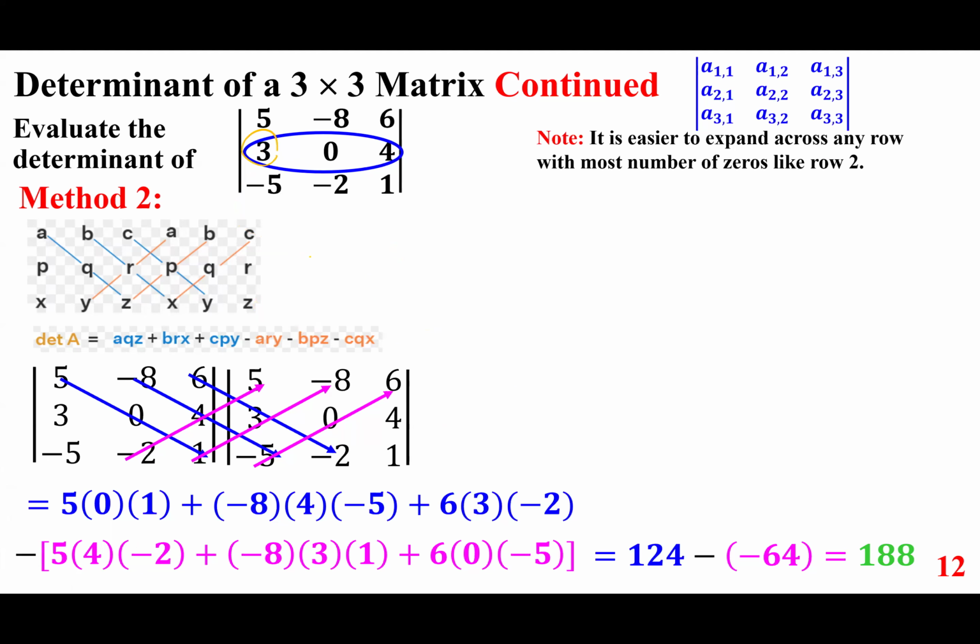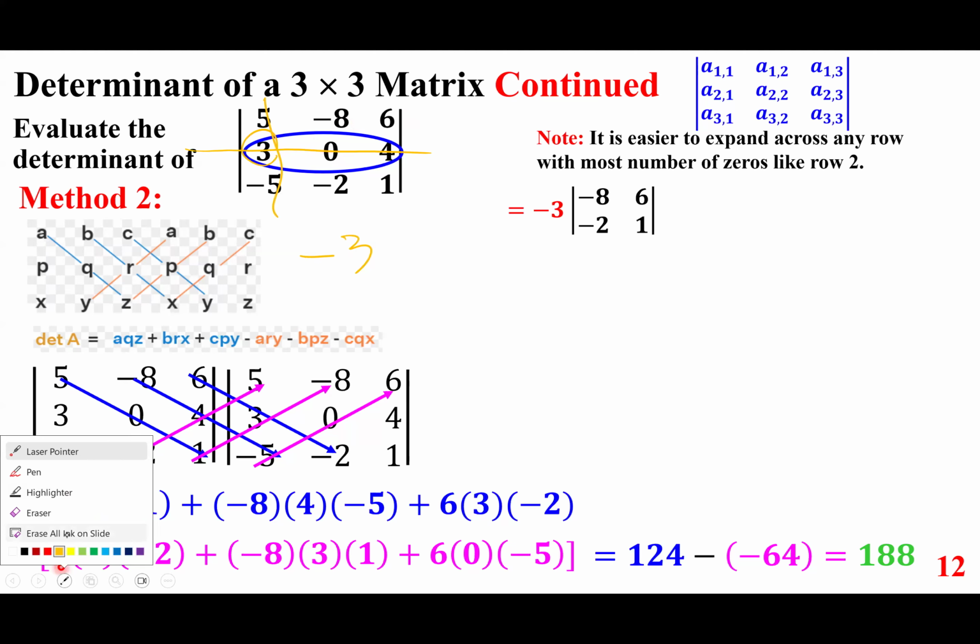So minus, and then we use 3. So minus 3. And so I'm going to cross this out, okay? And I'm going to cross this out. So the matrix that I have, the determinant, is minus 8, 6, minus 2, 1. And again, as I said, minus 3. Now, the second one, let me just erase my work.